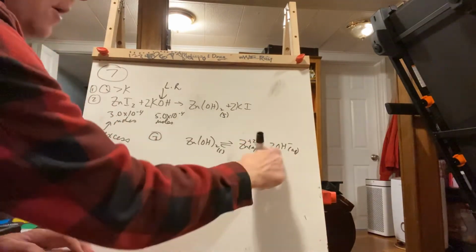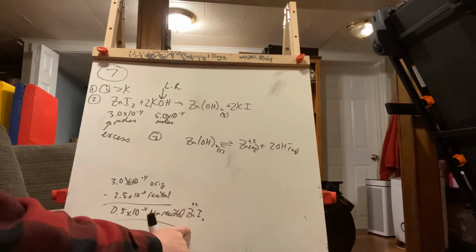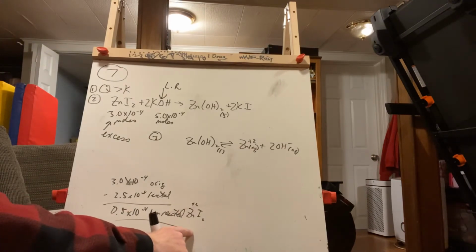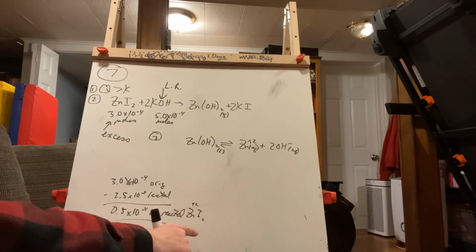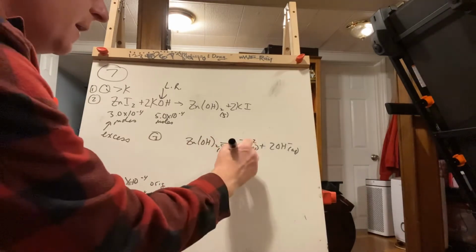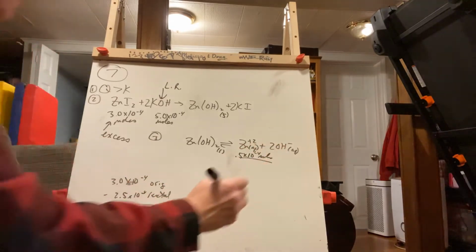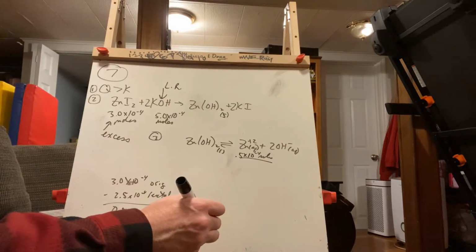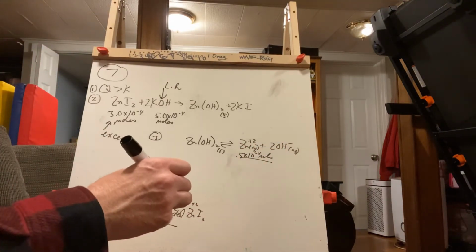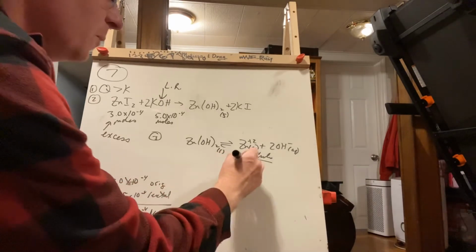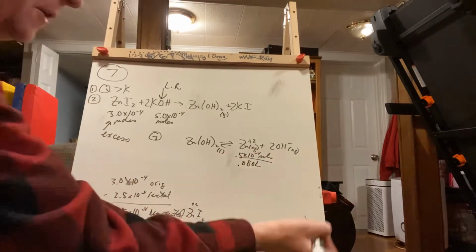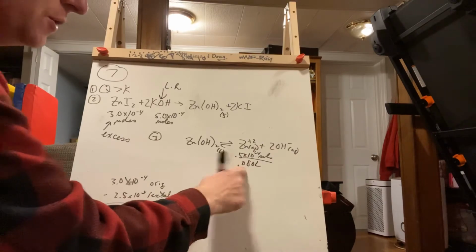And now our original Zn is going to be 0.5 times 10 to the negative 4th moles over our total volume. Our total volume is 50 and 30, so 0.080 liters of solution.